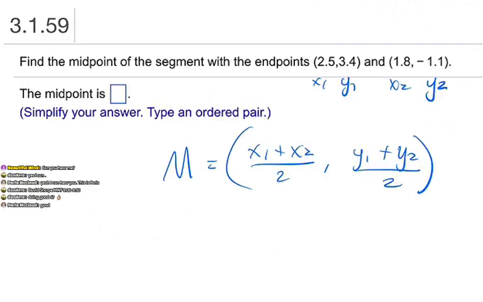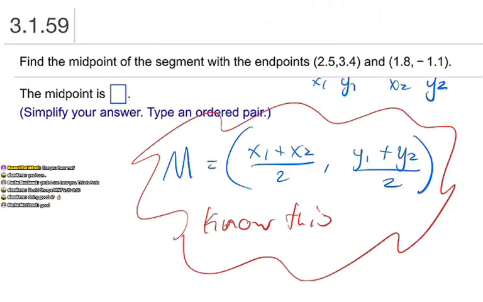All right, so we just go ahead and label the points x1, y1, x2, y2, and then we just plug them into the formula. This formula, I don't think I'll give you this one. So you want to know this. I'll just say know this. All right, so you got to commit that to memory.